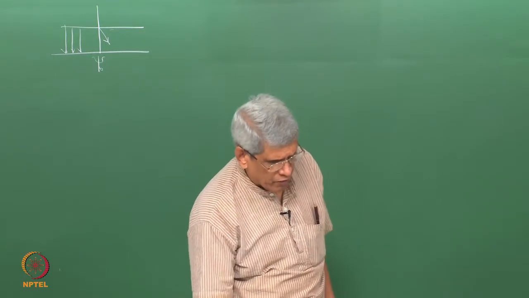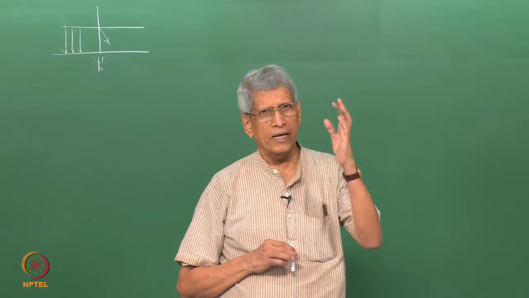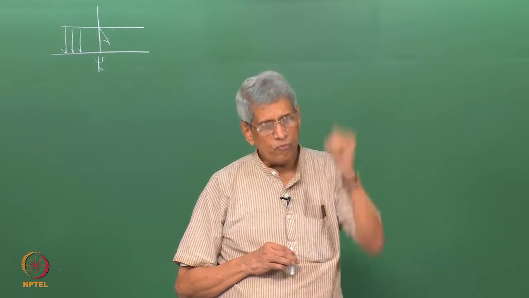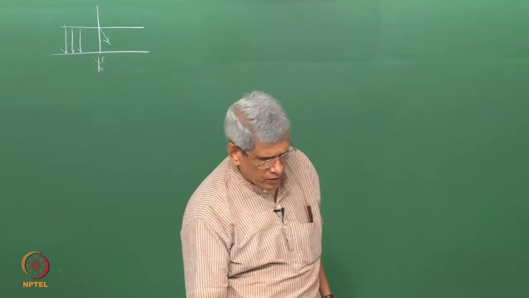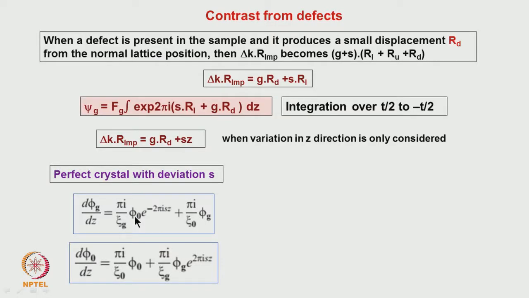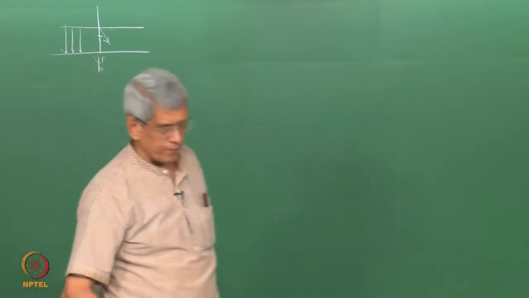We get an equation of this type which couples how the beam amplitude varies as a function of depth, and you can see that it depends on both the amplitude of the transmitted beam as well as the diffracted beam at every depth in the sample, correct.